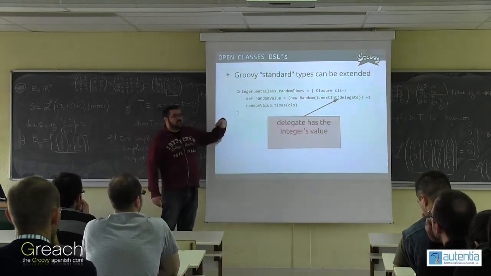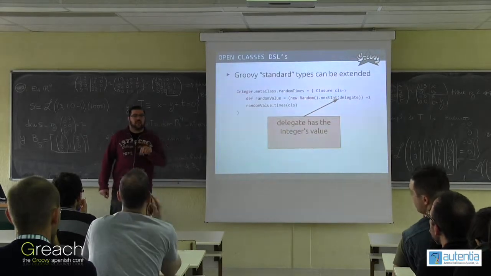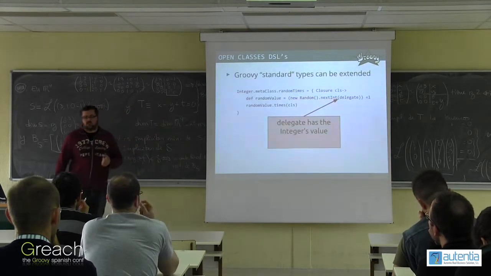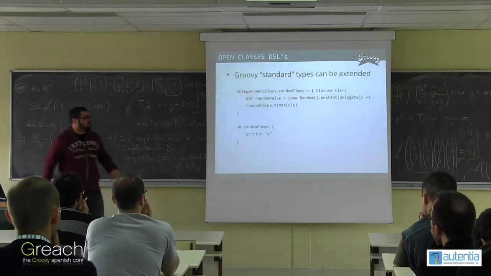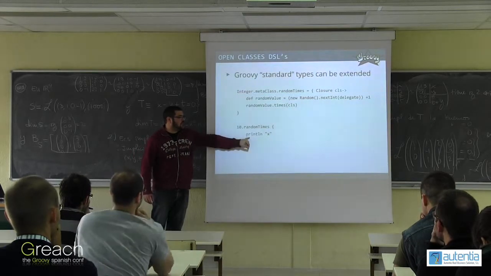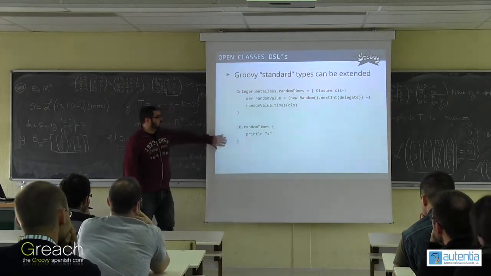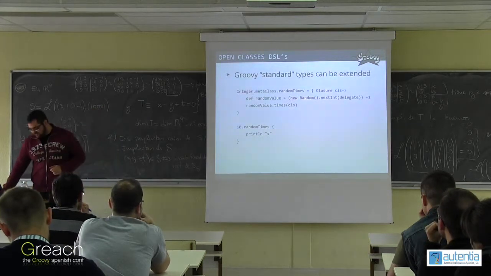The delegate here is the proper Integer. I mean, if you put 10.times, the delegate would be 10, the number 10. And, well, this is what it looks like. Just 10.randomTimes and println. So then a random number of printlns would appear.